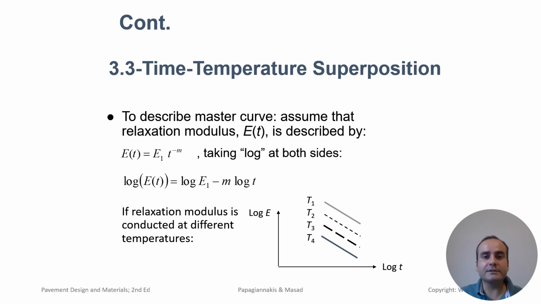At low frequencies, simulating long loading times such as slow-moving trucks or long-term environmental effects, the dynamic modulus would be lower, indicating that the material is softer and prone to deformation. As temperature increases, the dynamic modulus shifts downward because the asphalt behaves more like a viscous material and is less able to resist deformation.